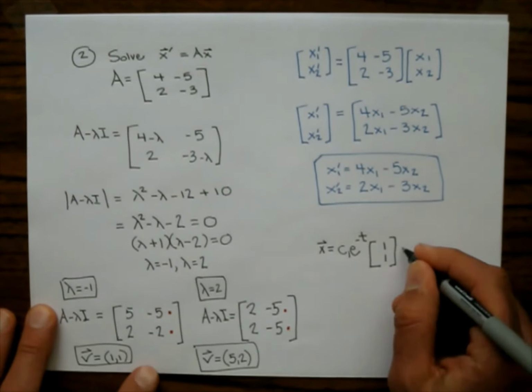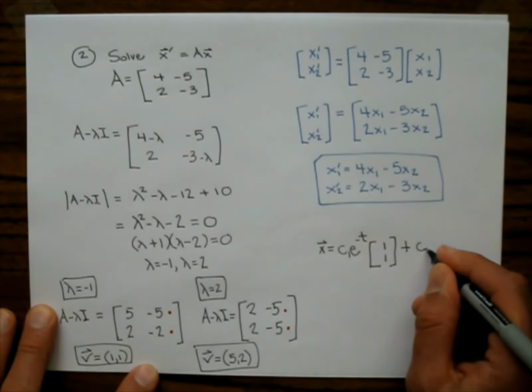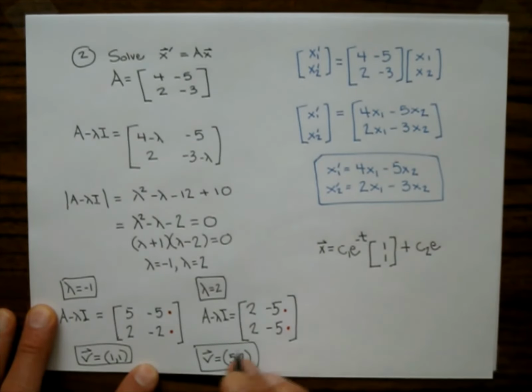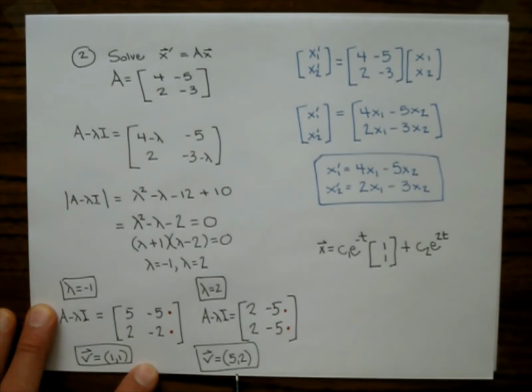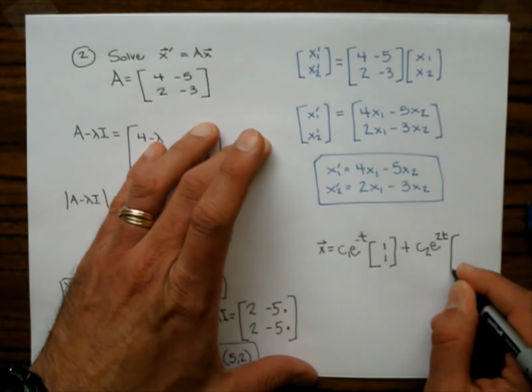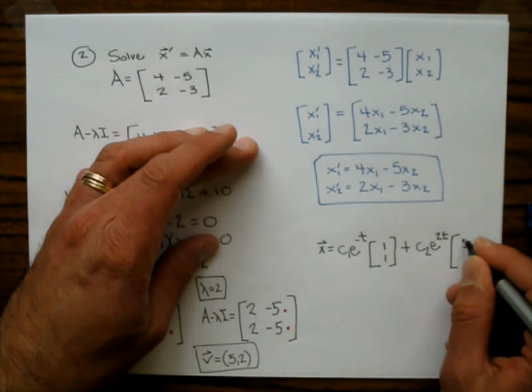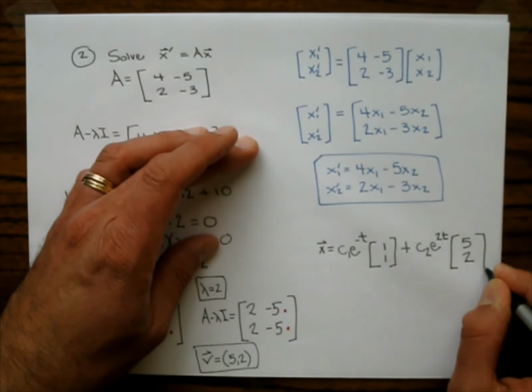Okay, plus C2 e to the 2t, and then any eigenvector that goes along with that eigenvalue is all right. I'm just going to pick 5, 2, but you can pick 10, 4 if you want, or any multiple of it. So I'll just say 5, 2.